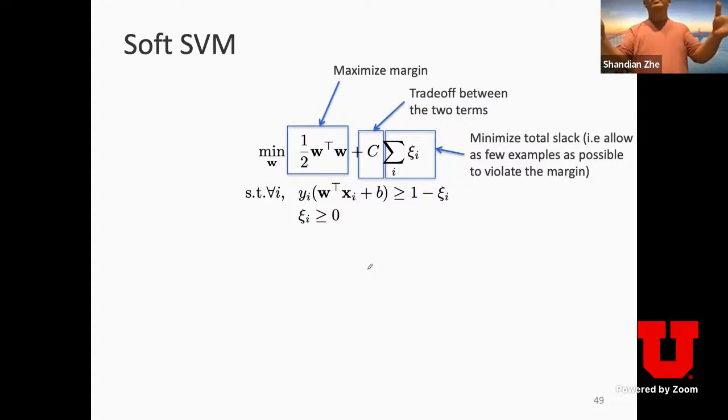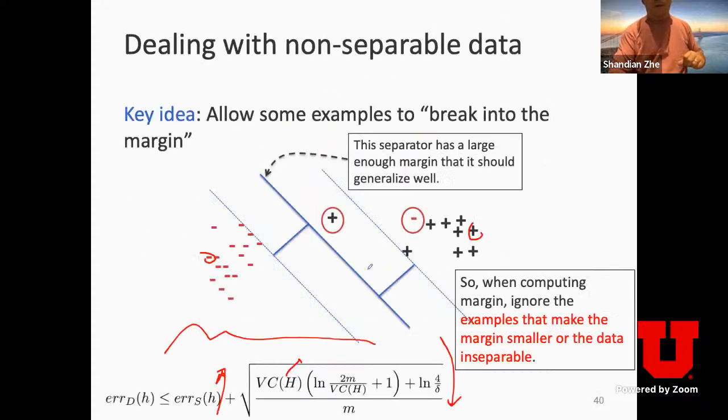You can basically view it roughly as the trade-off between the first term and the second term in the generalization error bound. The first term is the training error, so the smaller training error you have, the fewer examples you would allow to violate the margin. And the second term is determined by the margin, and of course, the more examples you allow to violate the margin or exclude them, the more likely you're going to have a larger margin. So you have to set some trade-off.